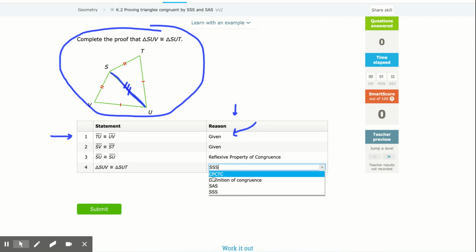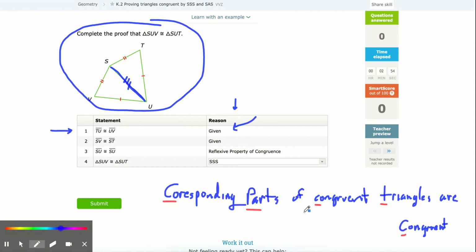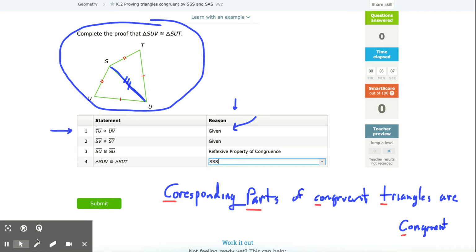By the way, CPCTC stands for corresponding parts. Let me pause so you don't have to. All right, now that I've written it down, when you see CPCTC, that's just how they abbreviate corresponding parts of congruent triangles are congruent.